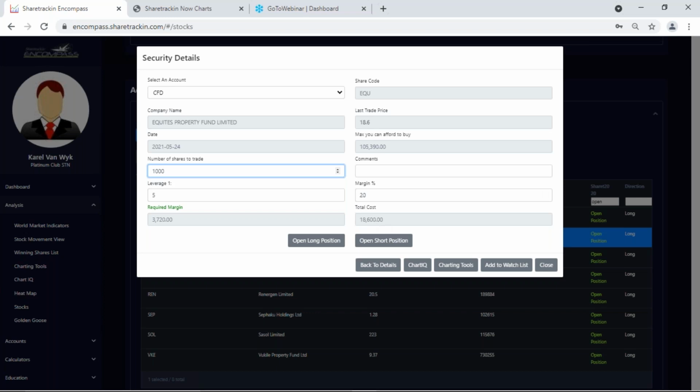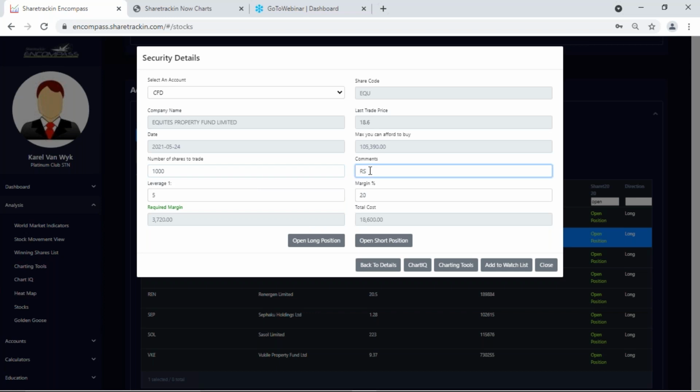The margin is the percentage of the total cost that you are going to pay. In other words, you pay 20% of the total cost, which gives you 3,720 Rand, which you will be paying. Now, if I do go a step further, I must insert my reason.